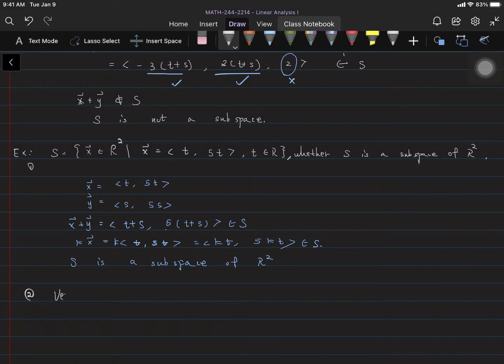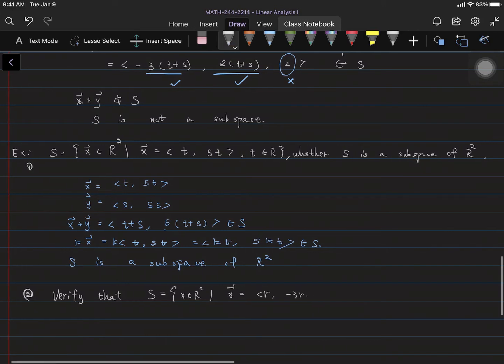We want to verify this set, given in R2, where x equals (r, negative 3r plus 1), similar to our exercise 1, and r belongs to R, all real numbers. We want to verify this is not a subspace of R2.